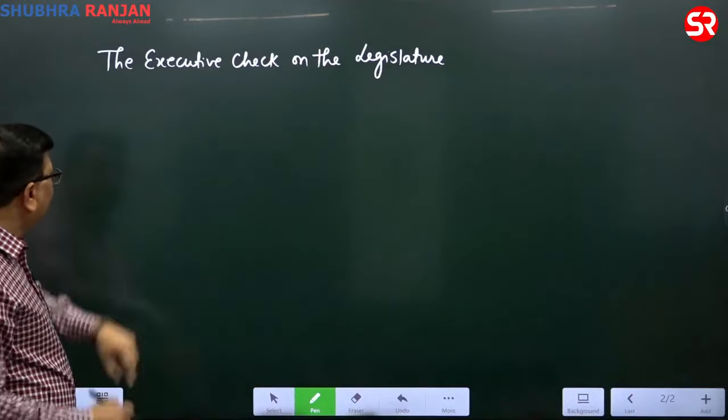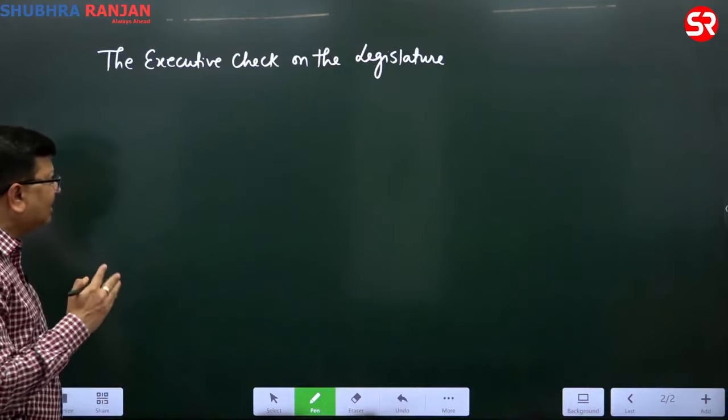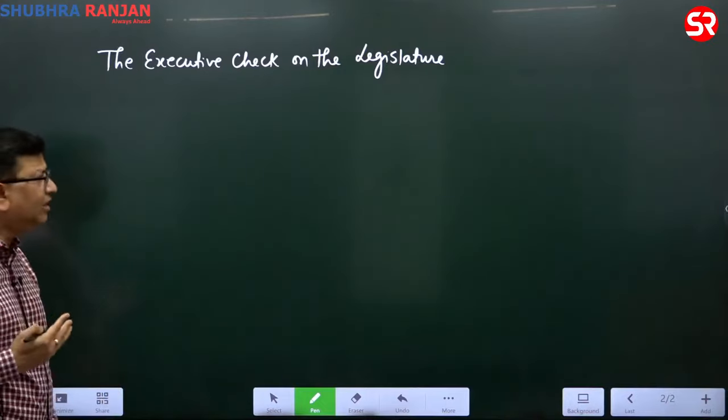Now coming to the second aspect, the executive check on the legislature.